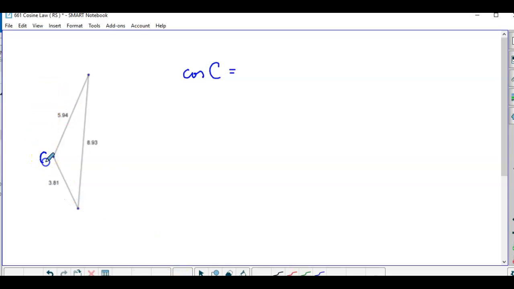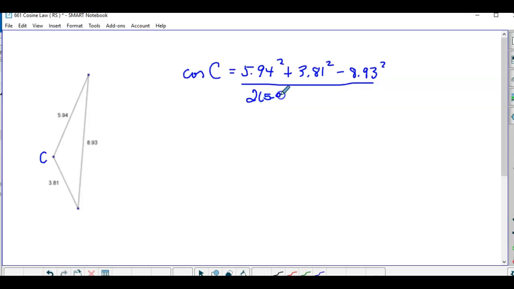Okay, so you're going to have 5.94 squared plus 3.81 squared minus the side opposite squared, and then divide by 2 times 5.94 times 3.81.